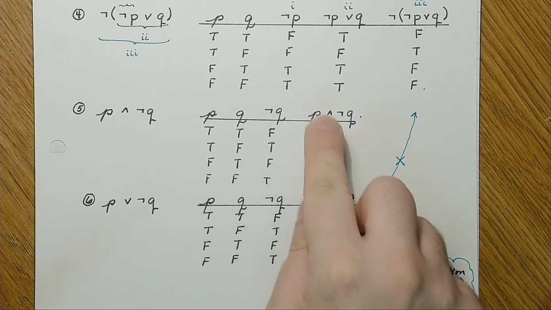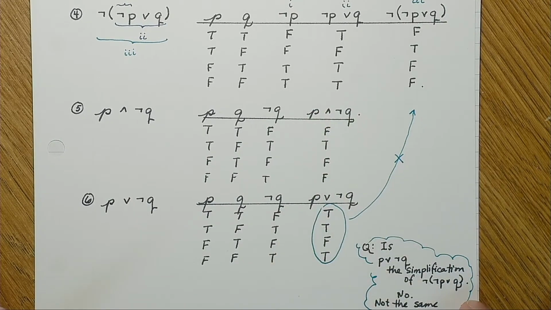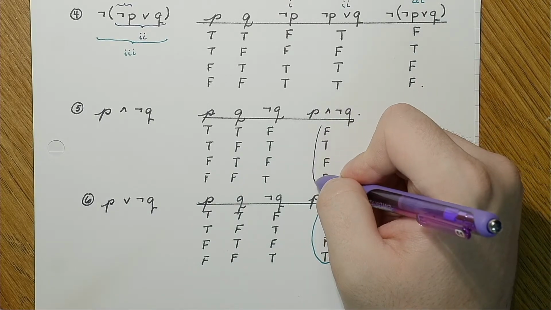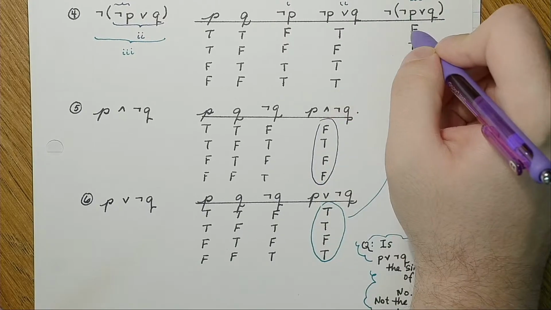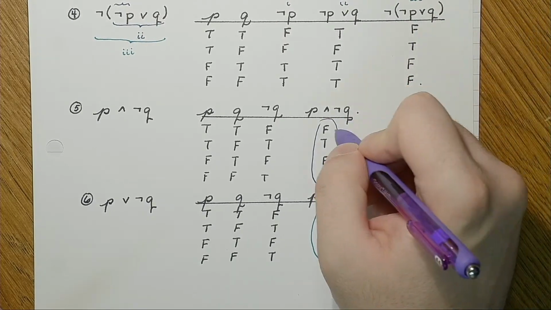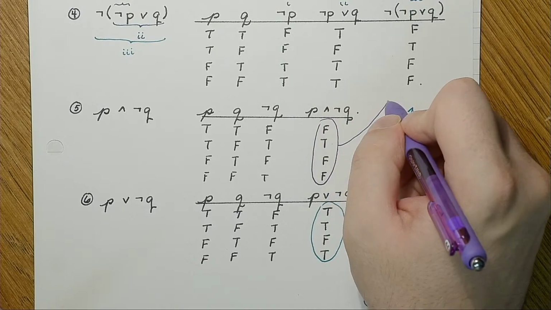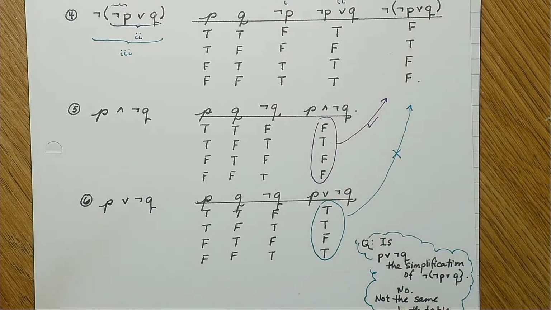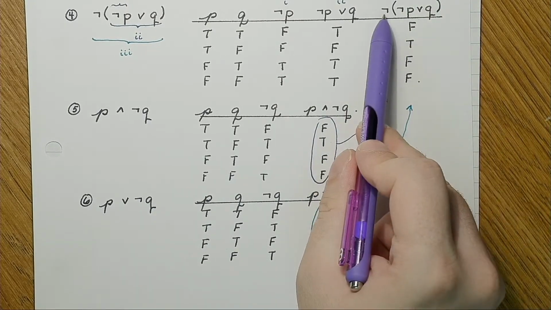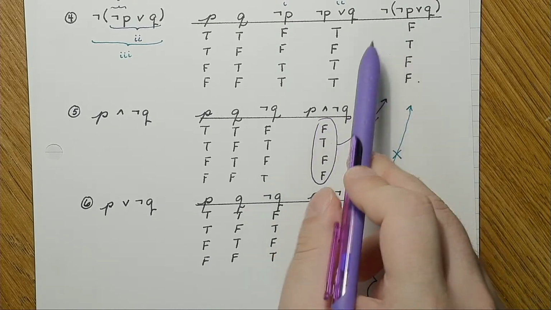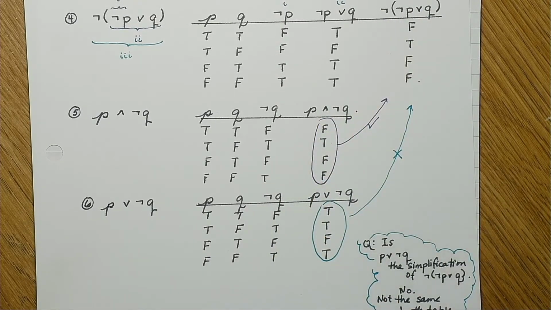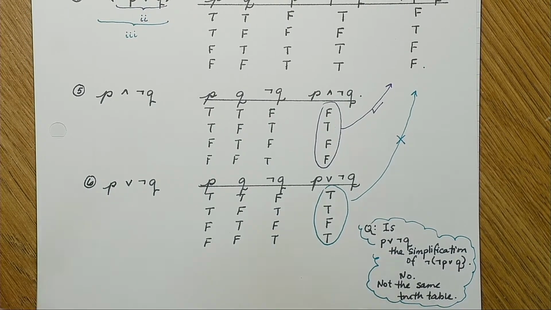But if we look at P and not Q, I have here F, T, F, F, F, T, F, F. If I look at these, yes. P and not Q is a simplification of this not (P or Q). Okay, does that answer the question?